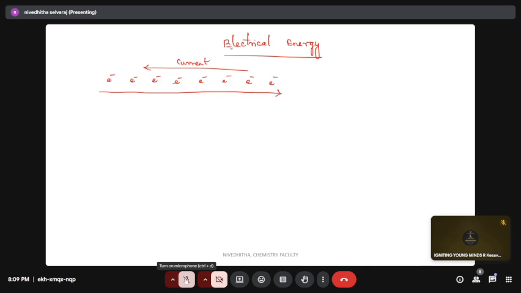Ma'am, when the circuit is connected with the cell, the positive charges are moving from the positive terminal to negative terminal. So the electrons will move from the negative terminal to positive terminal. Okay, right. So I can understand that electrons are negatively charged, so these negatively charged electrons are moving towards the positively charged terminal, right?